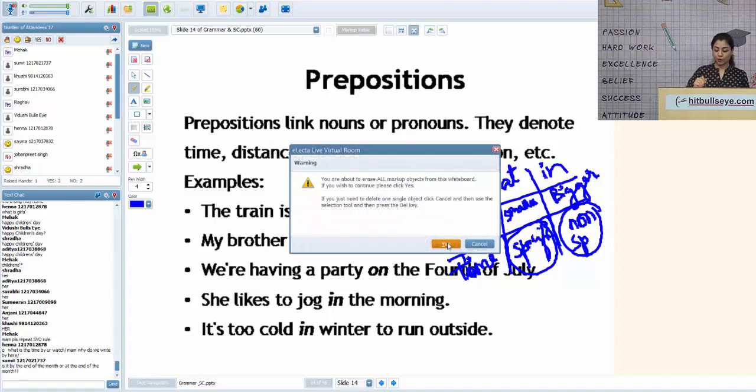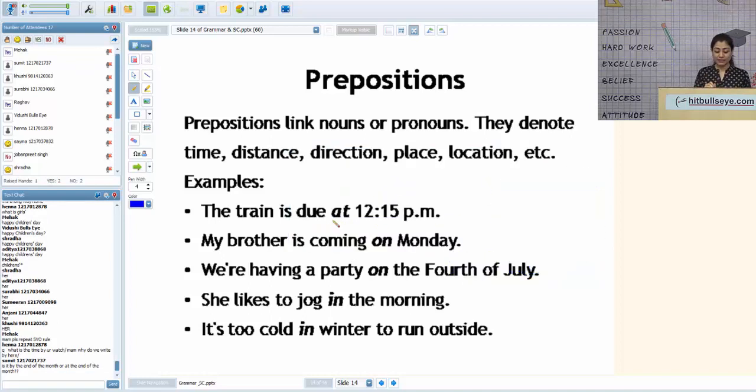Now let's do a few more examples. My brother is coming on Monday. I'm using on to again denote Monday. We're having a party on the 4th of July. She likes to jog in the morning. We just talked about how in tells about non-specific time. And the last one, it's too cold in winter to run outside.